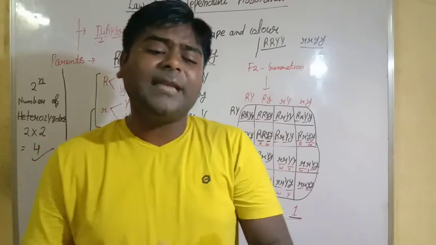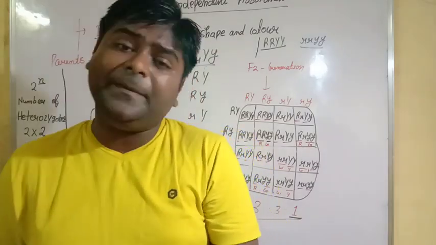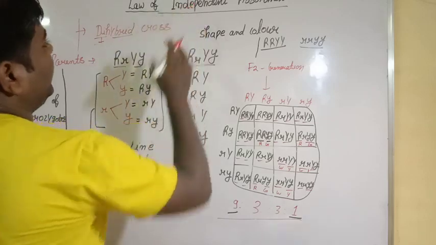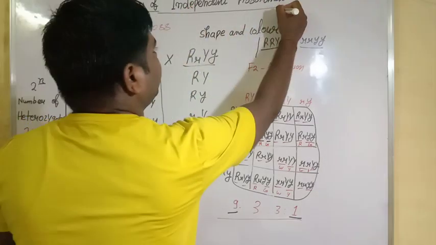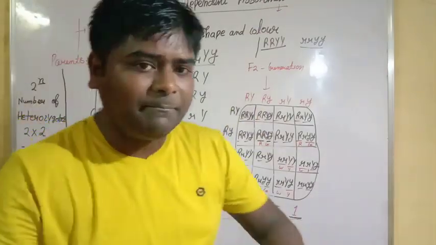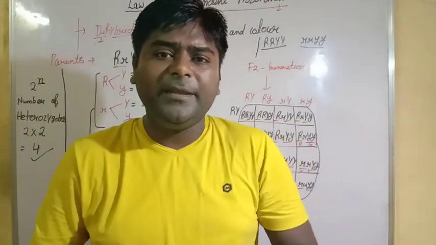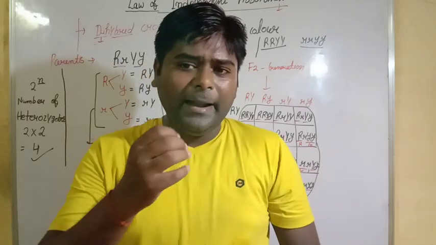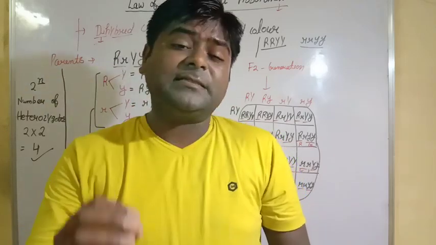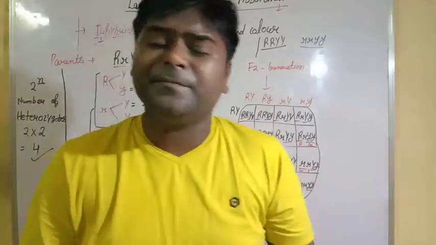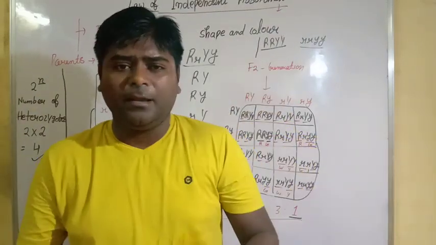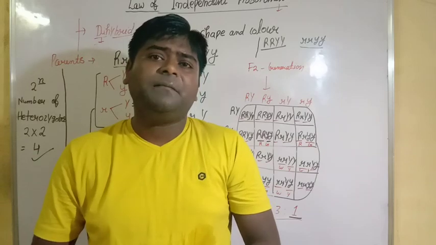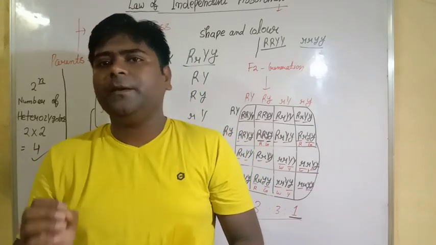So very simple. I will give you an understanding of the law of independent assortment. You know the meaning: independent means free, assortment means free to combine, free to join. So what Mendel gave, I will explain simply. You can write according to the concept, whatever language you are using, but the concept should be there.